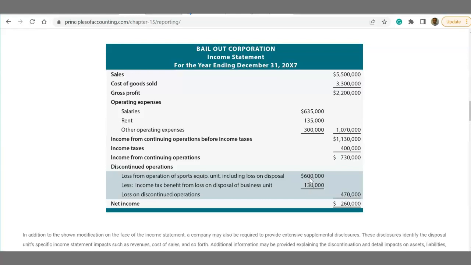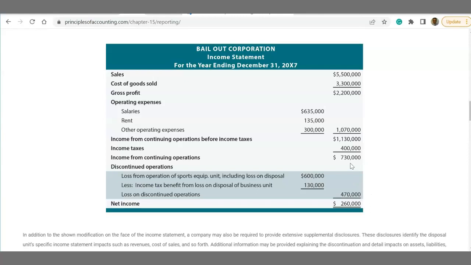So technically your loss after the tax benefit that you're going to receive is only $470,000 damage. Okay, so the actual damage is 470, even though the loss itself is 600, because there's $130,000 of benefit on the tax. So that's the actual damage, 470.